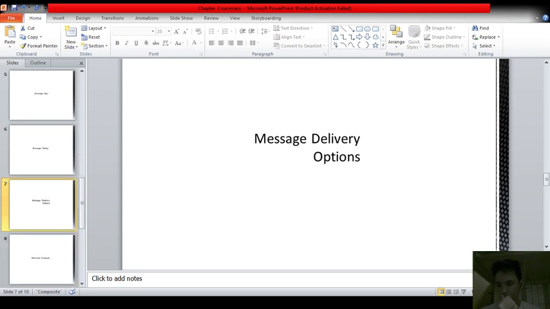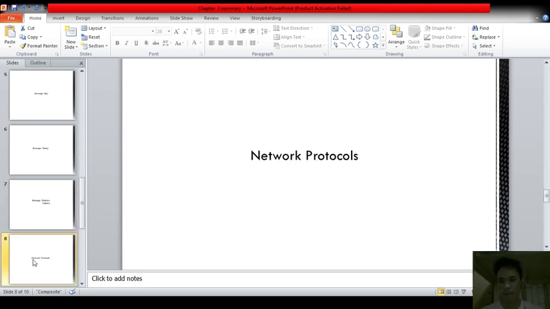So next is the network protocols. Most protocols are created by standards organizations such as the IETF or the IEEE, the Institute of Electrical and Electronics Engineers, the professional organization for those in the electrical engineering and electronics field.